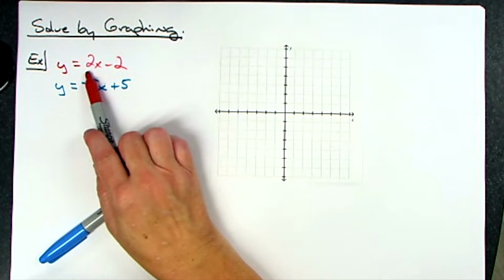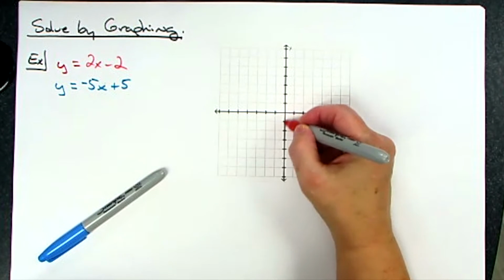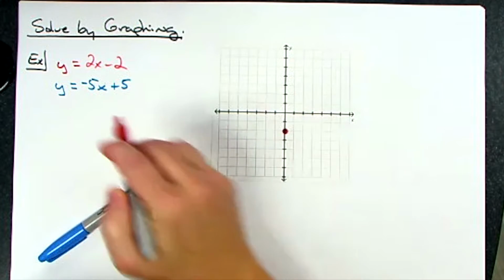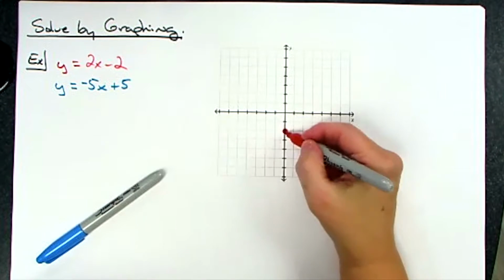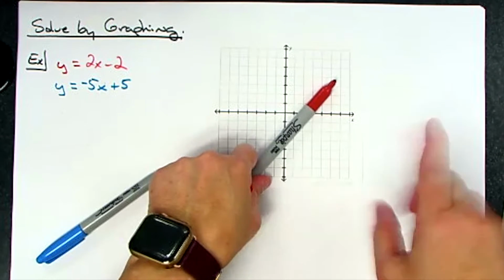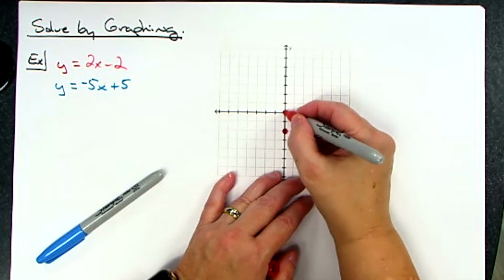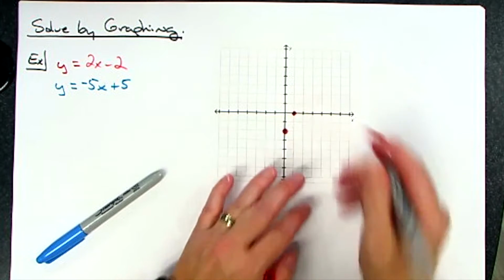That slope's 2 over 1, so rise 2, run 1. So I'm going to go down to negative 2 on the y-axis because that's the y-intercept. I start there. Positive slope of 2 means the line looks like this, so I'm going to rise 2, run 1.